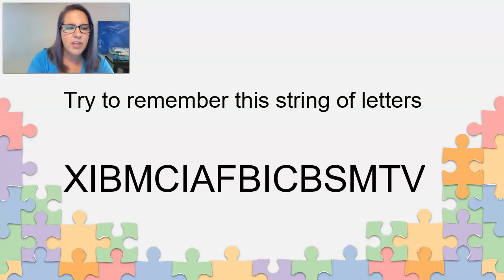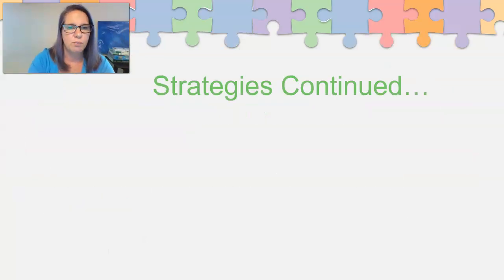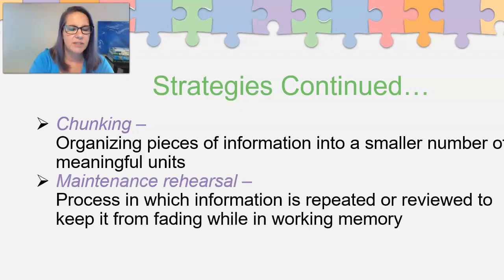Okay, so all things that you have probably heard of before. So it's probably a little bit easier for you to remember that string of letters than when you were just trying to remember the letters all on their own. So, organizing pieces of information into smaller numbers of meaningful units.